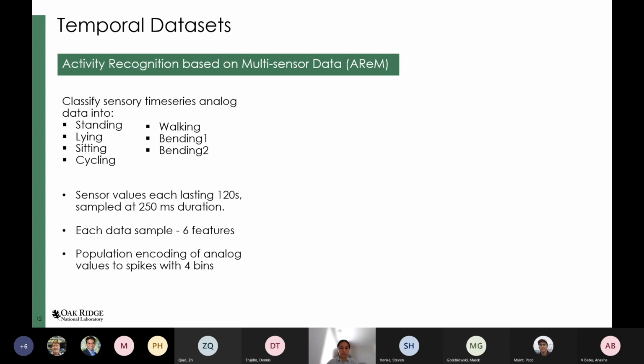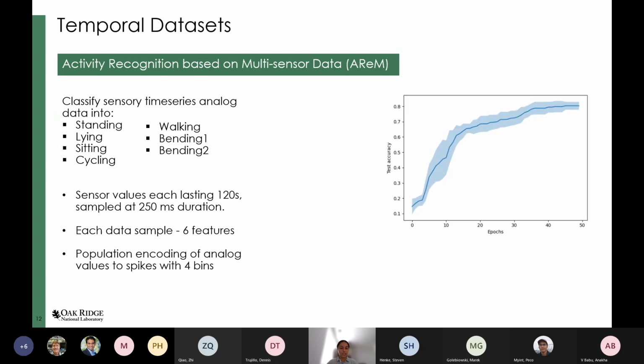When we were training on this particular data set, because each data sample just has 6 features, we tried out different encoding schemes for converting the analog values into spike trains. And we observed that when we employed a population encoding, where every input sample gets mapped to four of the input neurons, that generates different spike streams for the different analog values.